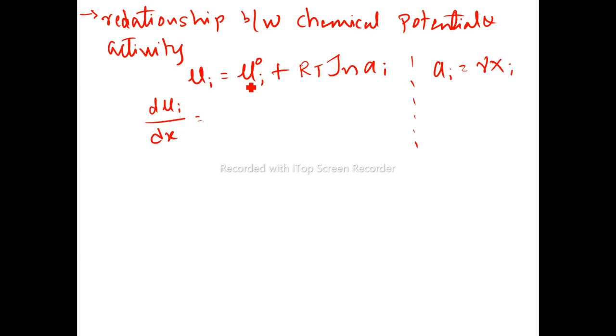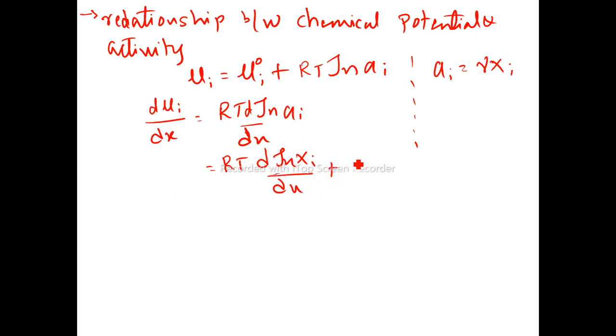the derivative of mu_i naught will be 0 because it is a constant term. Then RT times the differentiation of ln a_i, which is RT times d ln x_i by dx plus d ln gamma_i by dx.